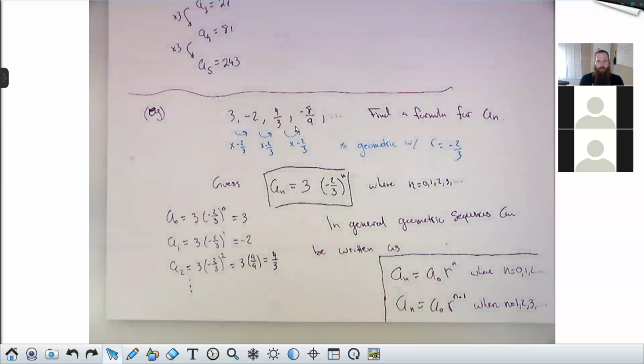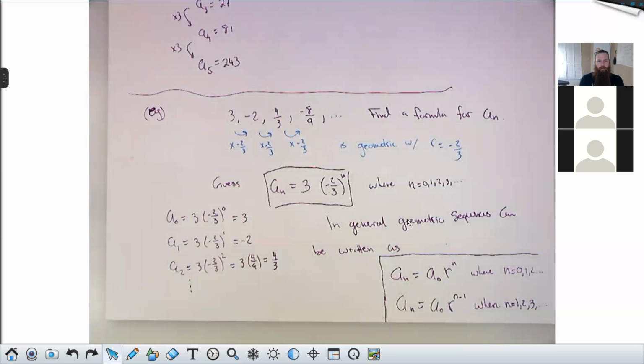The top is a power of 2: 2, 4, 8. The bottoms are powers of 3: 1, 3, 9. So I'm thinking the common ratio is something like 2/3, because to change a 4 into an 8, you multiply by 2, and to change a 3 into a 9, you multiply by 3. And to deduce that it's negative, you can just see that the signs are flipping.